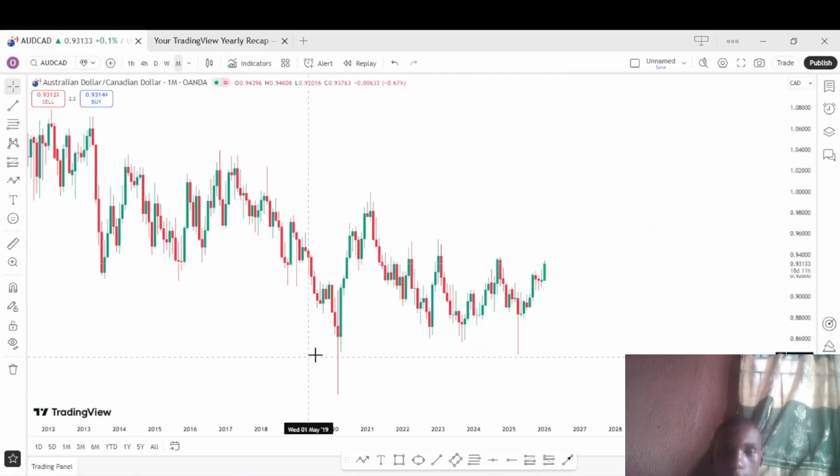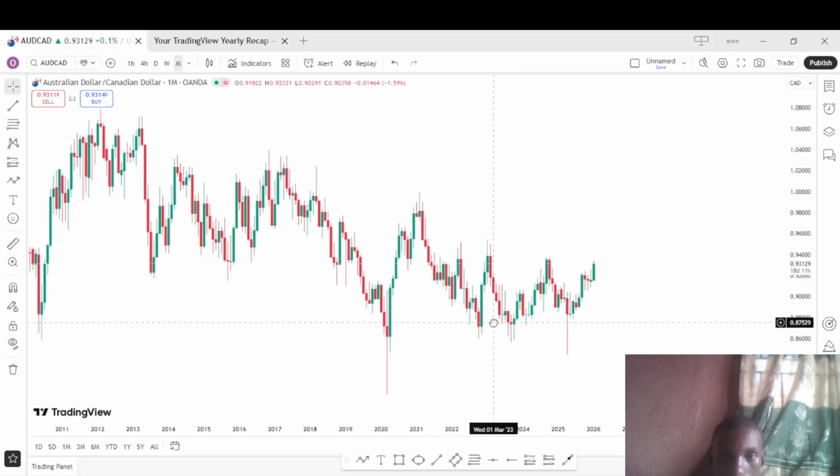At this point there is no candlestick pattern. Let me check.